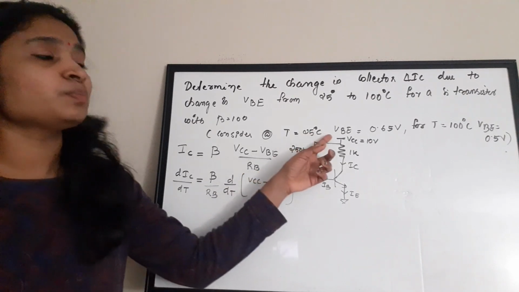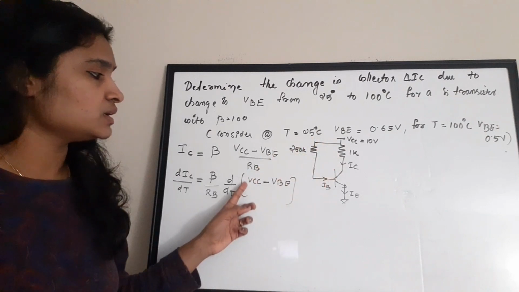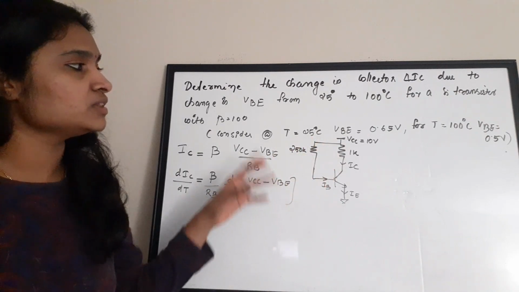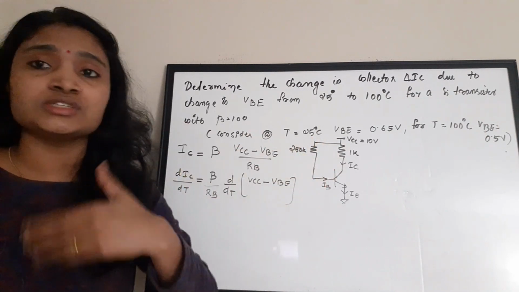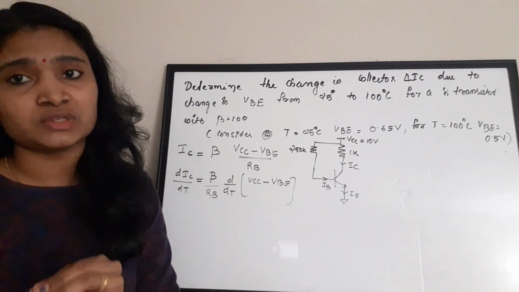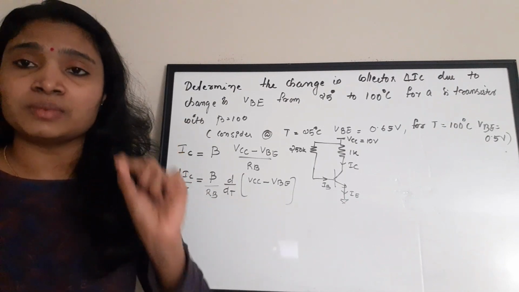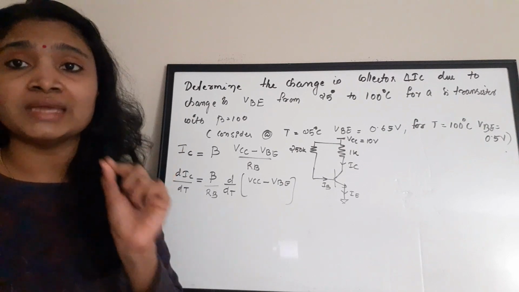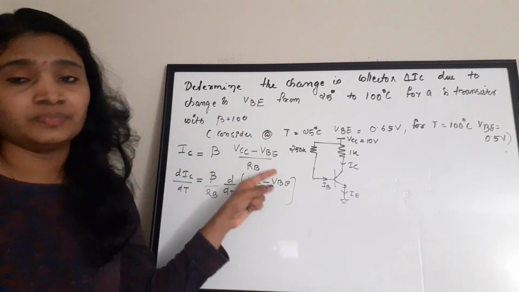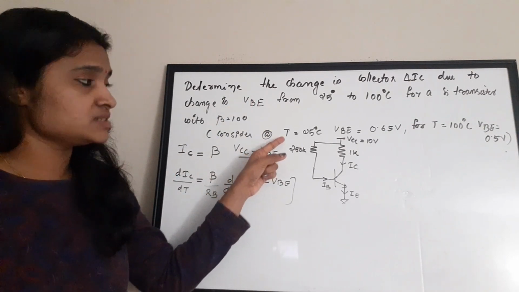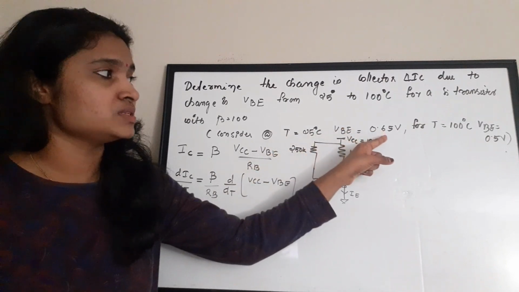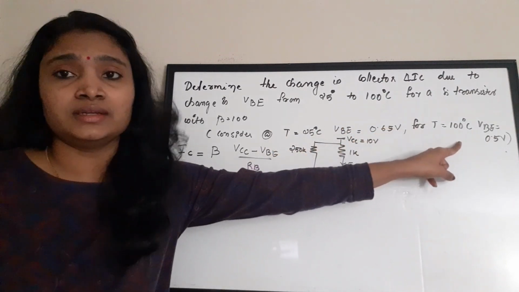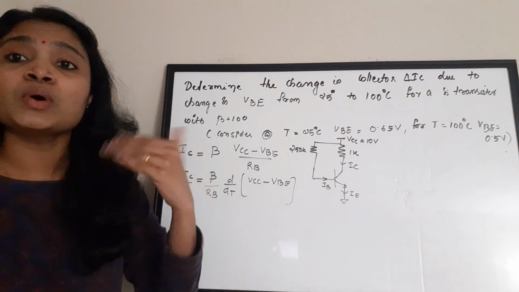VCC is actually the supply voltage. It is not being given in the question, and also in general it is not affected by the temperature. The temperature is making an effect only on the base emitter voltage as per the question. See here, at T equal to 25 degrees, VBE is equal to 0.65, and at T equal to 100 degrees, VBE is equal to 0.5.